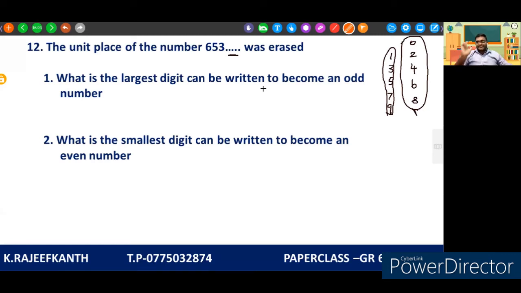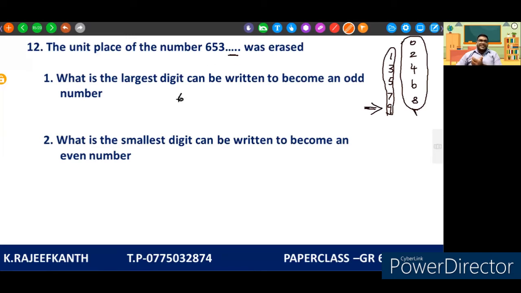6530 dash was erased. Now we have to fill that blank. What is the largest digit that can be written to become an odd number? Here we know that if the last digit of that number is 1, 3, 5, 7, 9, then that is an odd number. So what is the largest digit that can be written? This 9 can be written.